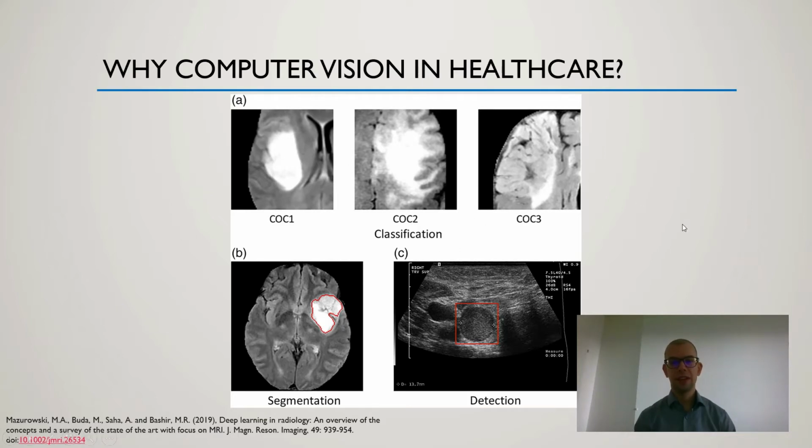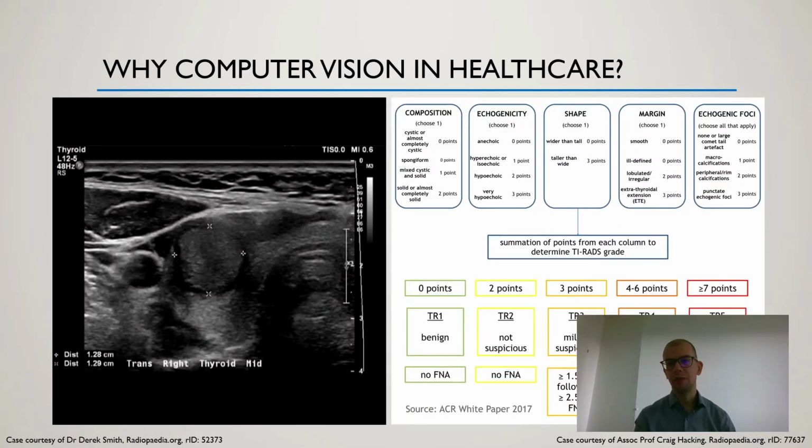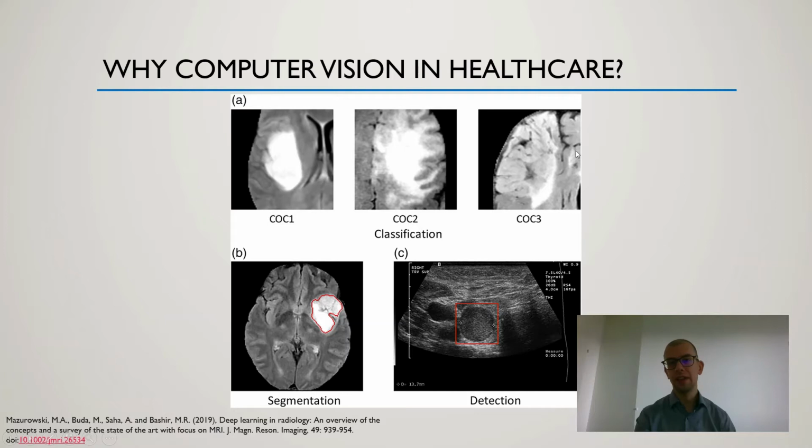These are MRI images of the brain, of a tumor in the brain, presumably, and you need to classify these according to some class of the tumor. So if you look at this thyroid score before, you would basically classify it from benign to highly suspicious. You would have 5 classes, and in this case you have 3, where this is a tumor that is very widespread, and this is a tumor which is localized.